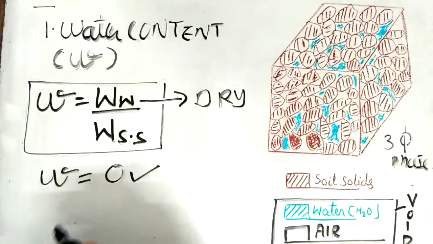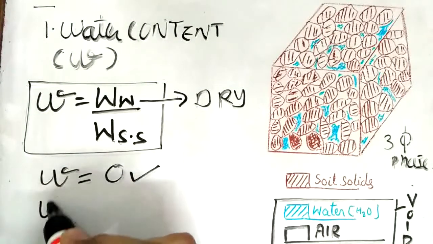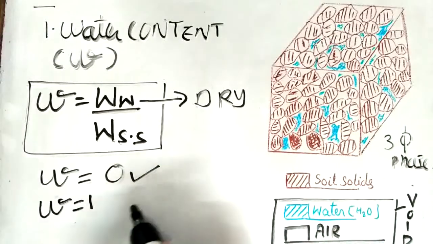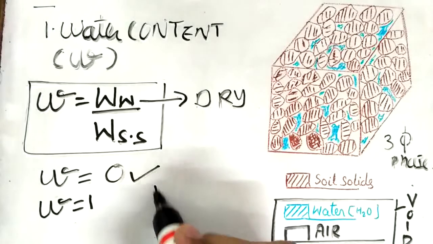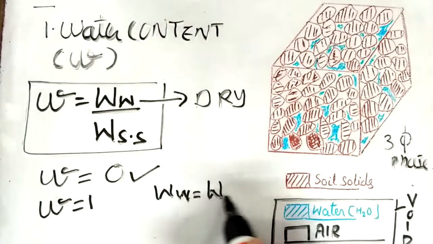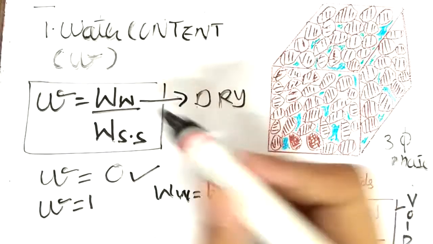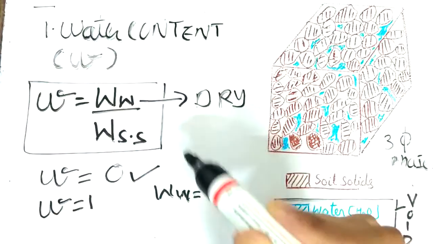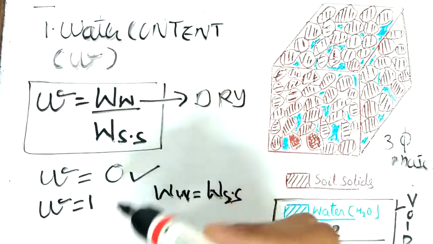Can my water content be equal to 1? When will my water content be equal to 1? If my weight of water is equal to the weight of soil solids. That is, if my numerator and denominator are equal, they cancel out and I get water content as 1.